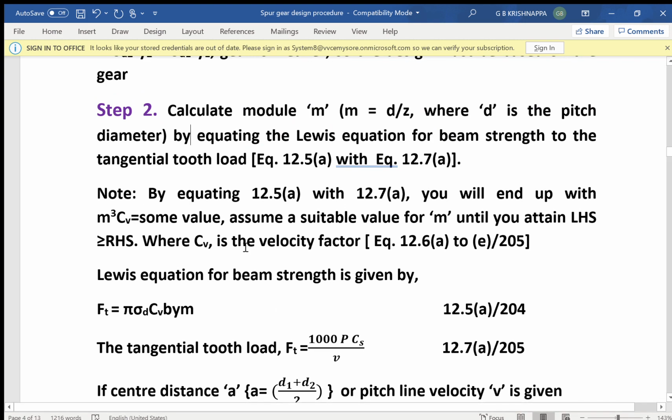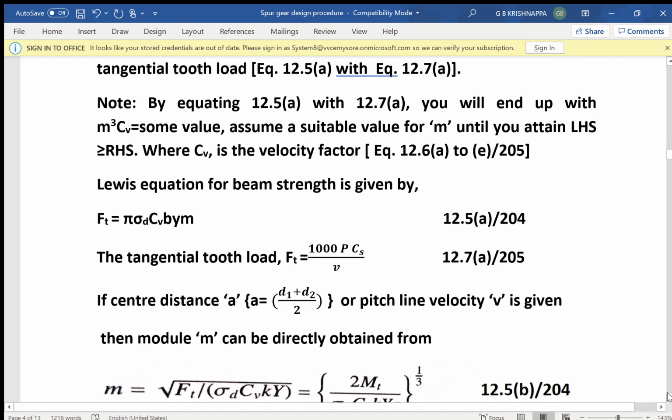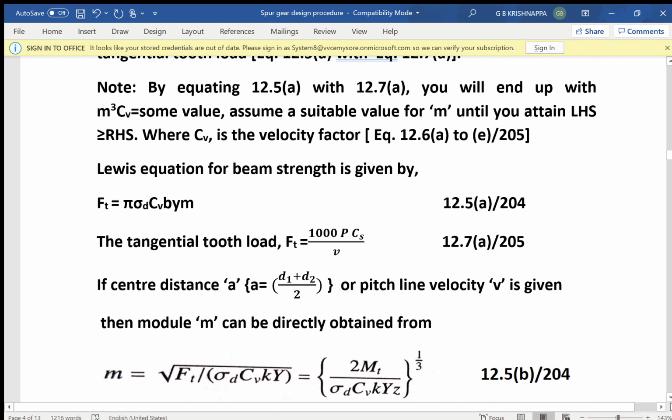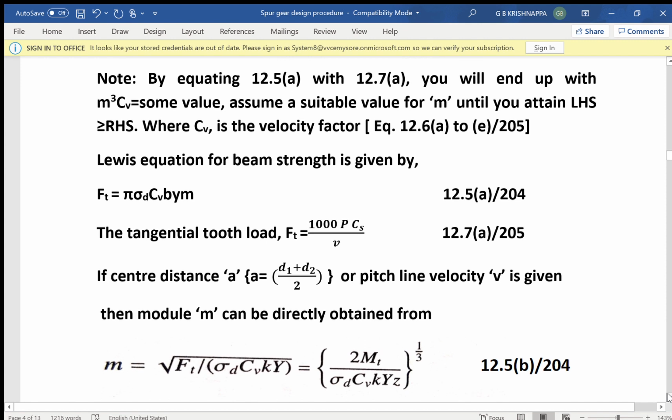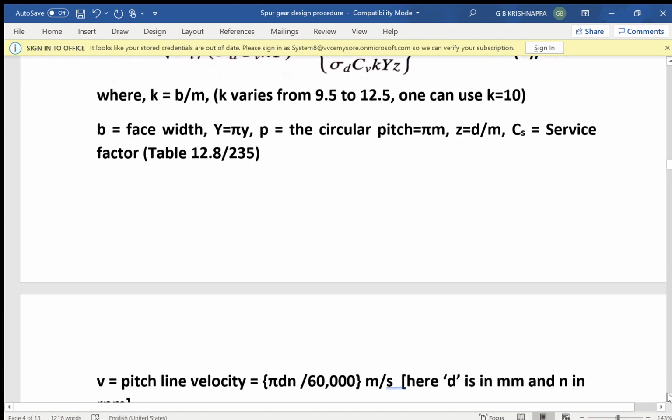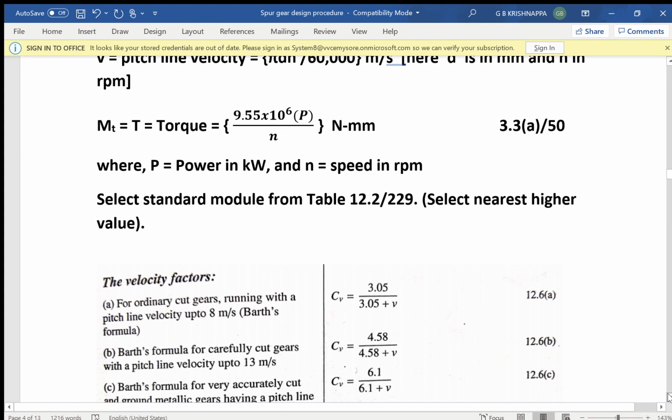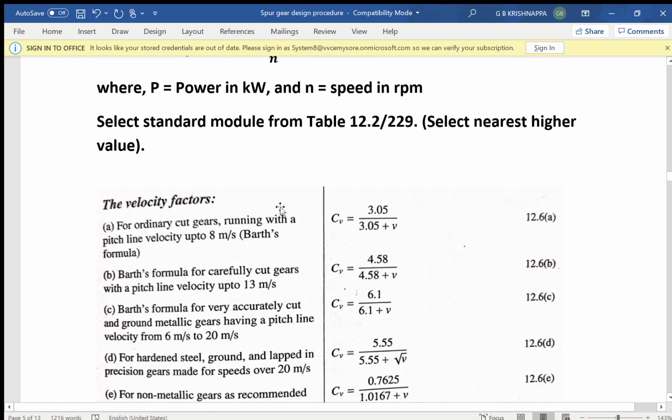I mentioned that Cv is the velocity factor, equations 12.6a to 12.6d. Cv is based on the pitch line velocity v, and we have different equations proposed by Barth. If velocity is up to 8 meters per second, Cv is 3.05 by (3.05 plus v).